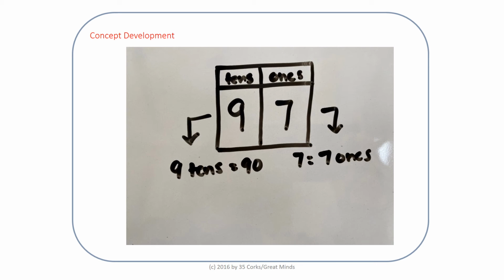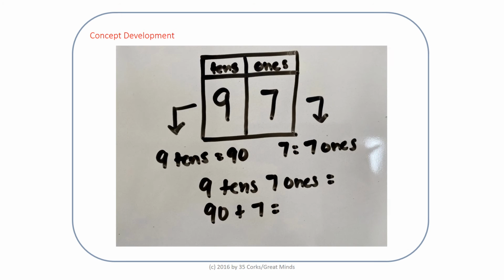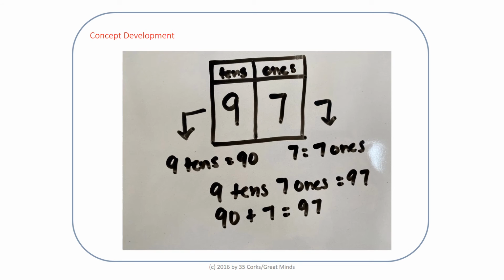Good, it stands for 7 ones. What does 9 tens, 7 ones equal, or 90 plus 7? They both equal 97.